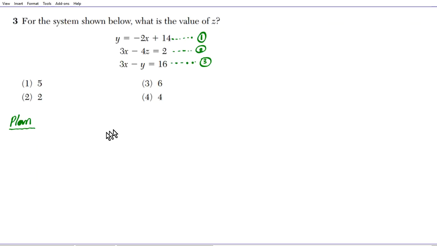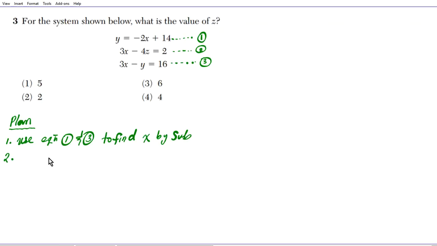So to do that, step 1, we're going to use equations 1 and 3 to find x. The method we're going to use is substitution. Since y is solved explicitly for here, just substitute that in here and solve for x.